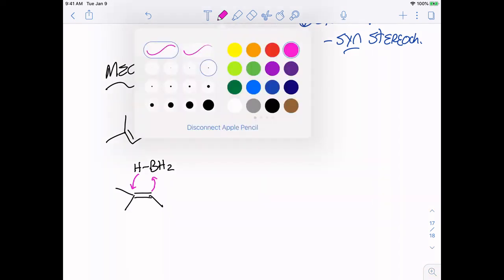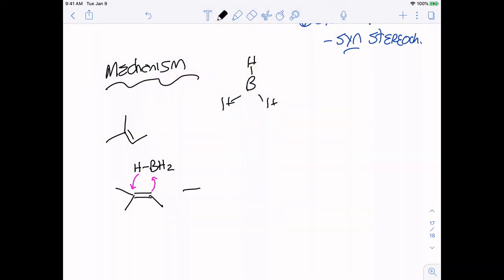And then I'm going to go through kind of a squared off transition state. Remember, a transition state is where I have those partially formed and partially broken bonds. So this pi bond is being broken. I'm forming a bond between that carbon and that boron.